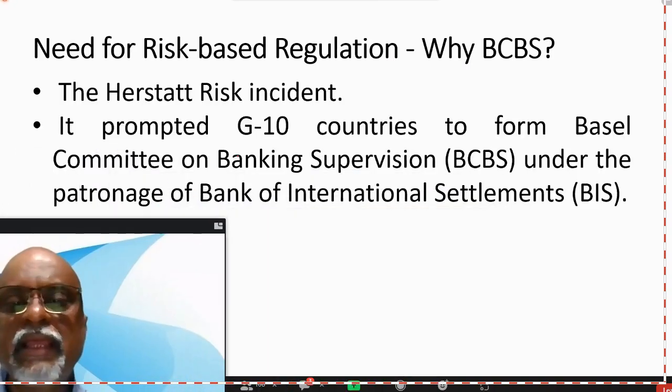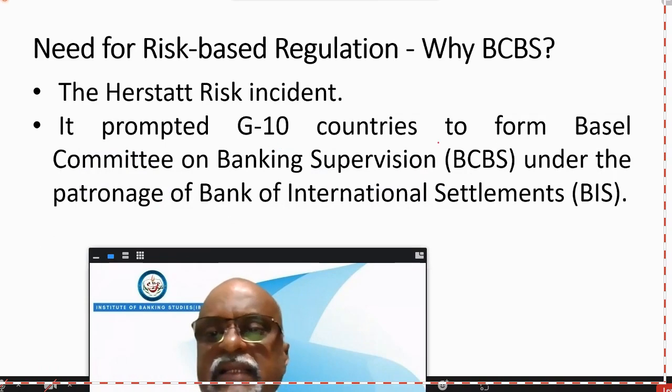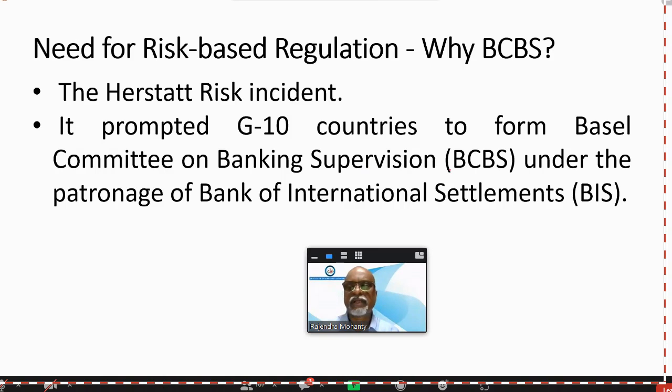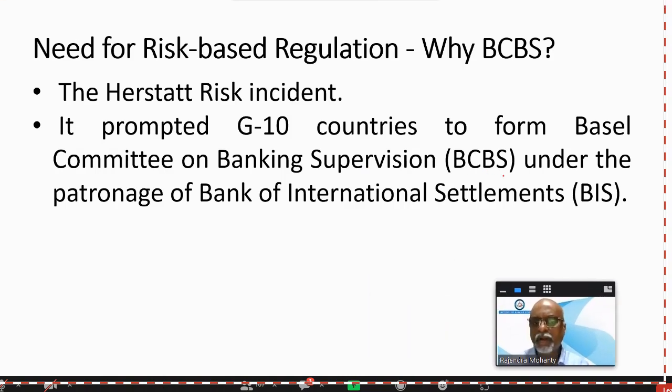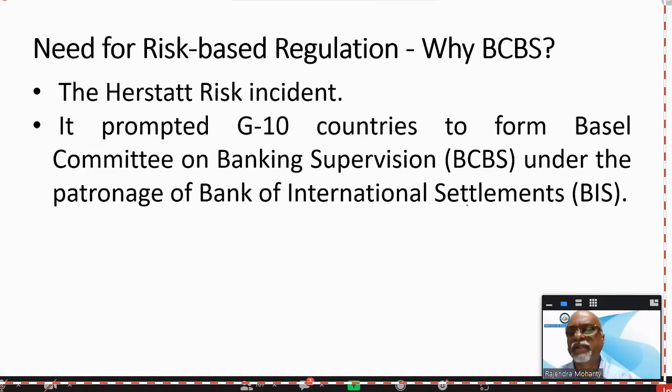So basically, these G10 countries formed the Basel Committee on Banking Supervision, that is BCBS, under the patronage of the Bank for International Settlements. And the Basel Committee recommendation was formed there.